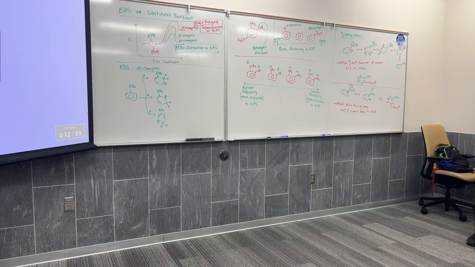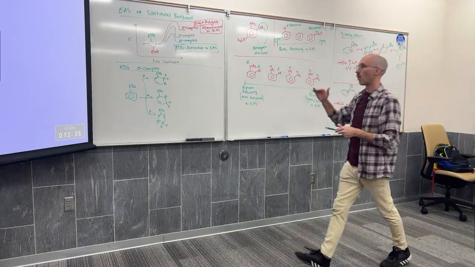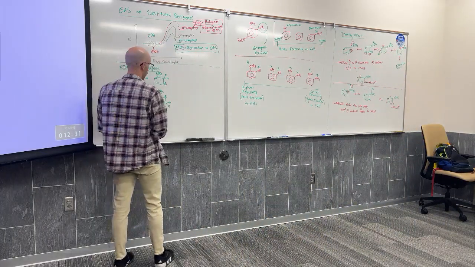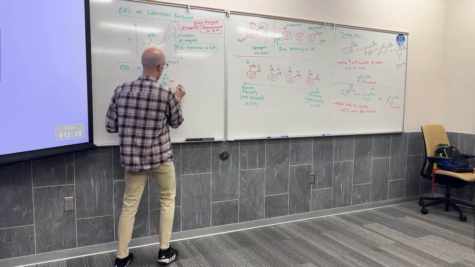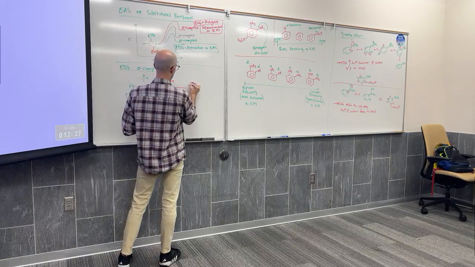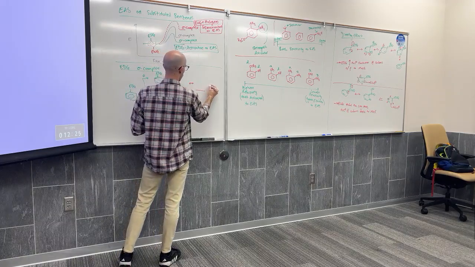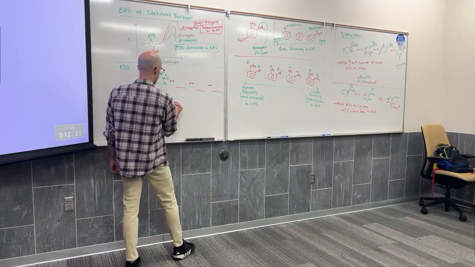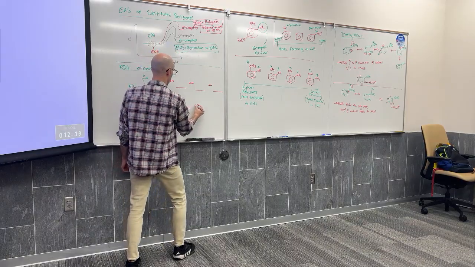Now there's going to be a lot of resonance forms, so I'm going to give us a template first. Ortho and para are going to have 3 more resonance forms. 1, 2, 3. The meta position is only going to have 2 more.